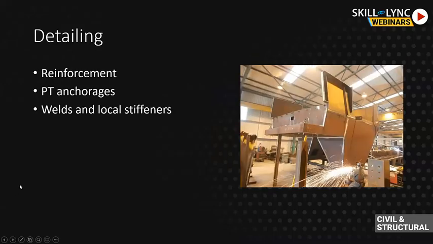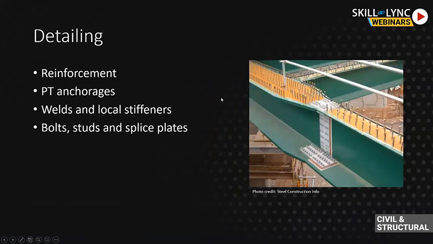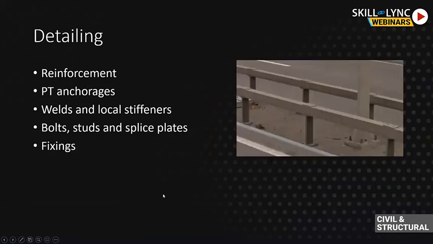For steel, you tend to go for welds and local stiffening. That's a lot of detail in that. So you tend to design that once you have a concept. Bolts and connections for steel and composite structures. And in all bridges, there's a huge amount of smaller items such as manhole covers and lighting fixings and barriers.